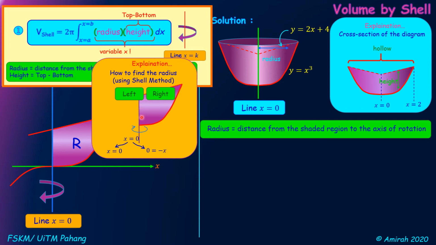From the axis of rotation, since the axis of rotation is on the left side compared to the shaded region, for our radius we just keep the equation on the left-hand side. So this is our radius, not this one, because we refer from the axis of rotation, which is on the left side.